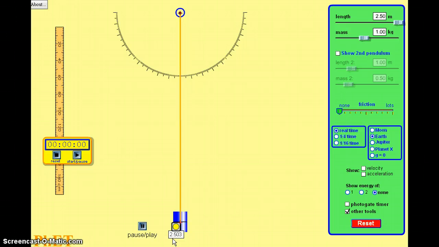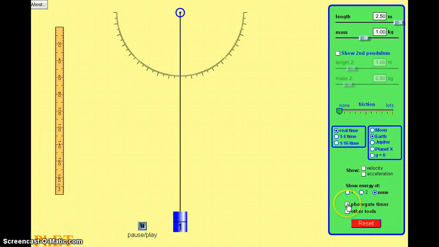However, within the simulation, I've explained that using this value up here is good enough, so using the tape measure becomes a little too inaccurate for me. So I've asked students in the video presentation on the student Google site not to use the other tools and just to use this 2.50 meters.